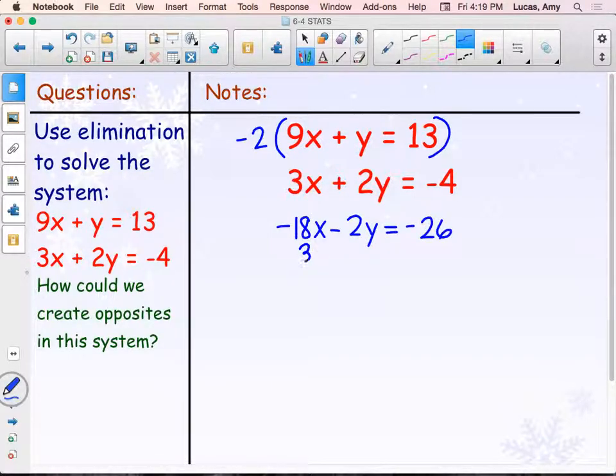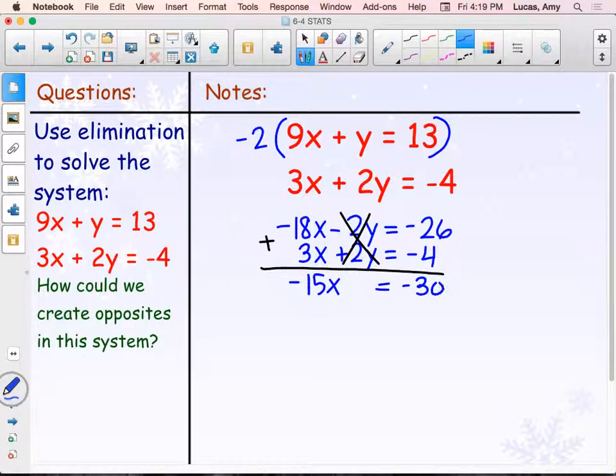The bottom equation does not change. And I can add together my system. The y's are eliminated. I get negative 15x equals negative 30. Dividing by negative 15 gives me x equals 2.